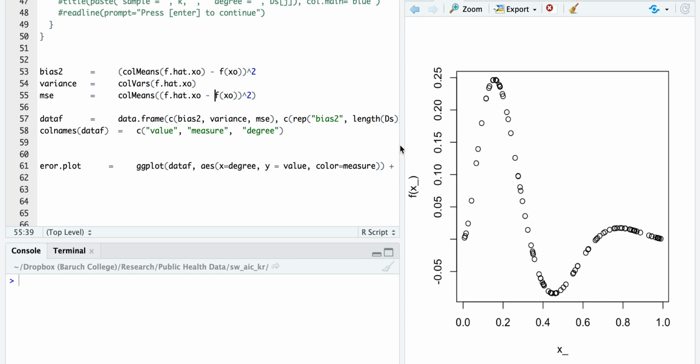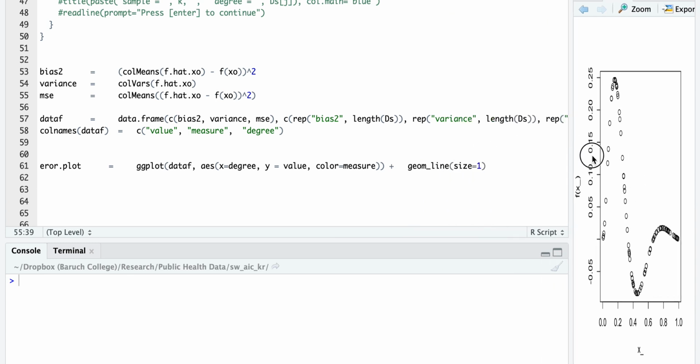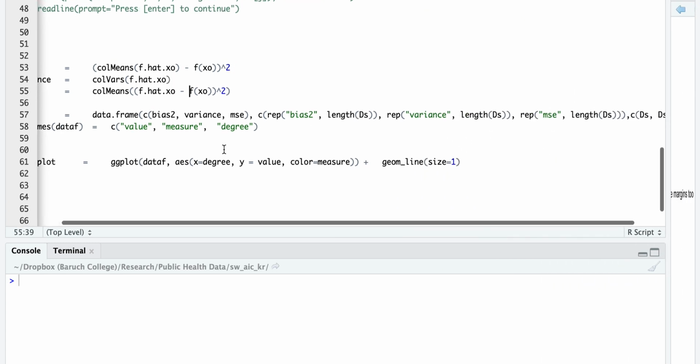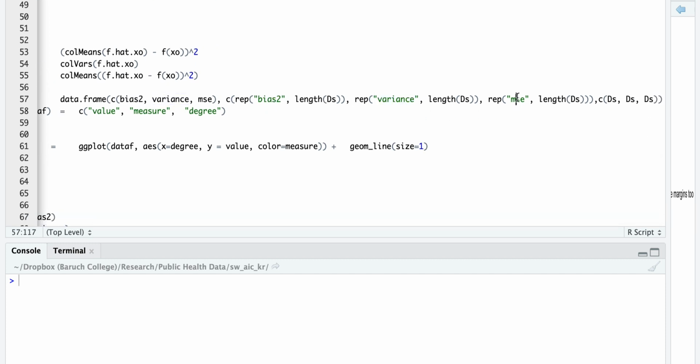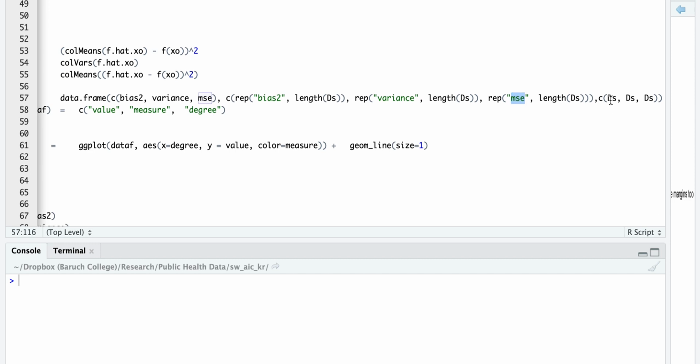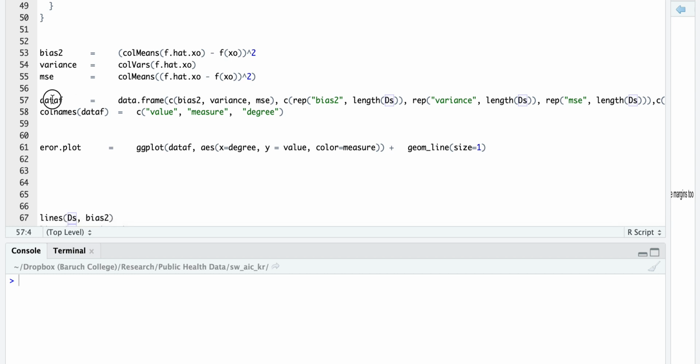We put them in a data frame, where the first column is filled with the bias squared, followed by variance, followed by the mean squared error, and then we add the labels, bias squared, variance, and MSE, and then we add the degrees of freedom on top of each other. Then we create names for the columns. The first column is the value itself.